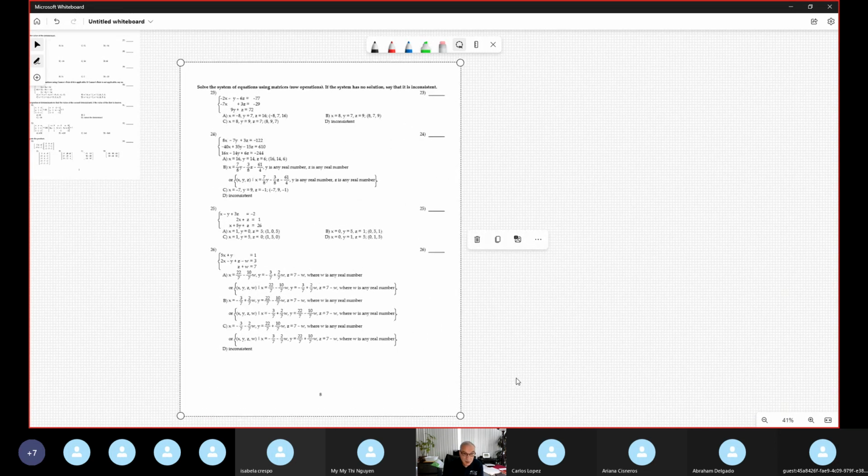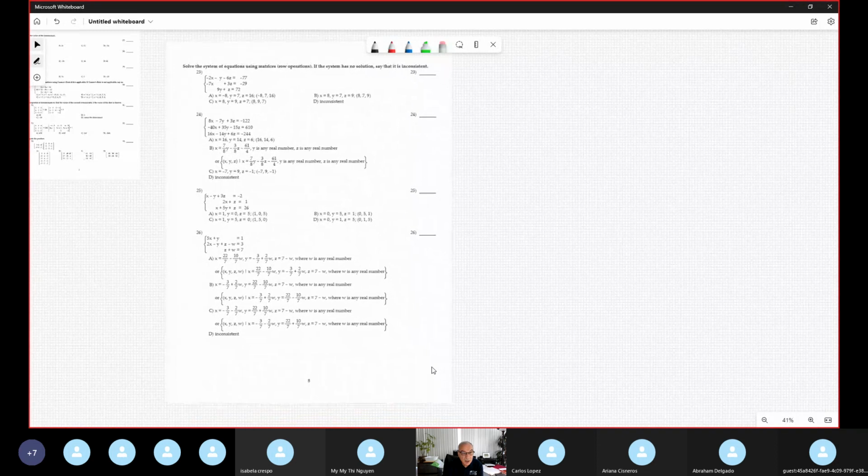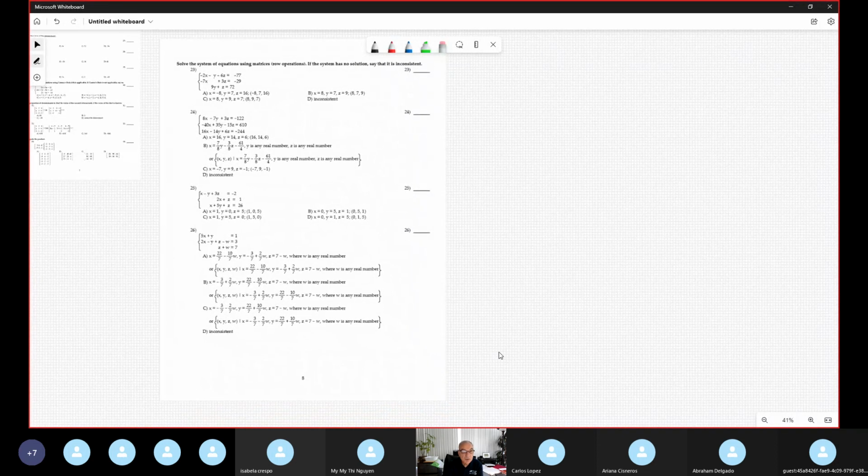Problem 23. Okay, now I skip the part where we write the matrix because it's easy. I don't need to copy the system again because I have it here in the PDF document.